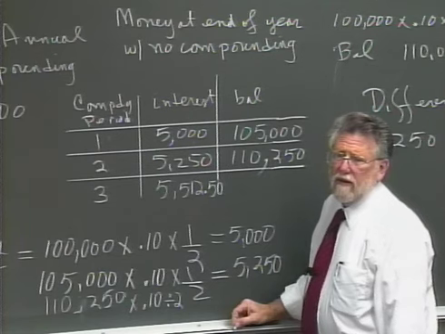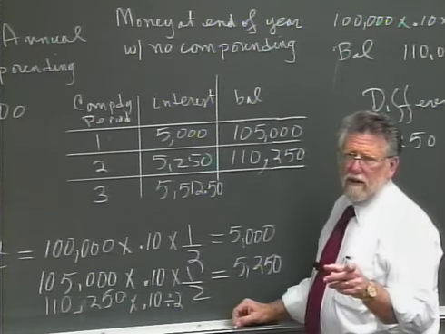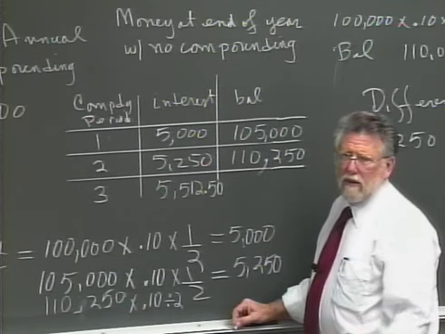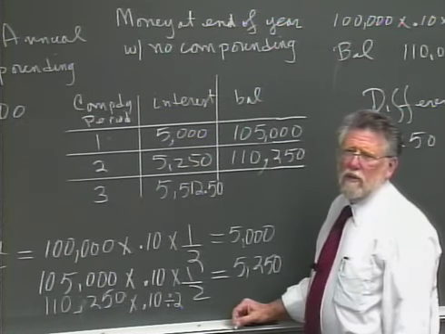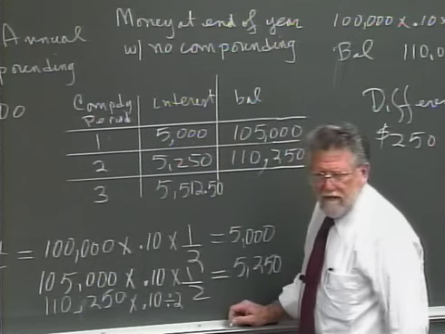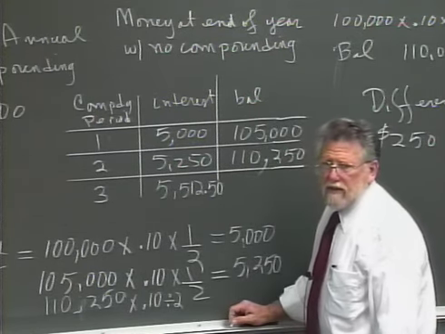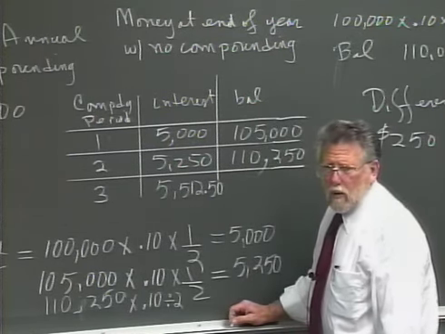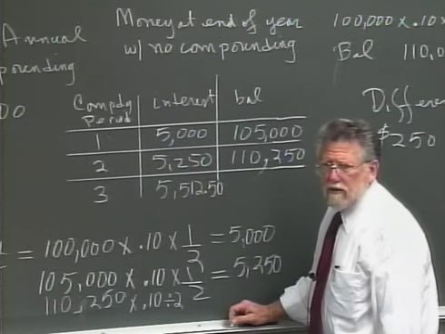Now, how are you saying it different, Tara? I got 551.25. I don't know if that's wrong. Did you multiply 110,250 times 0.10, divide by 2 equals?